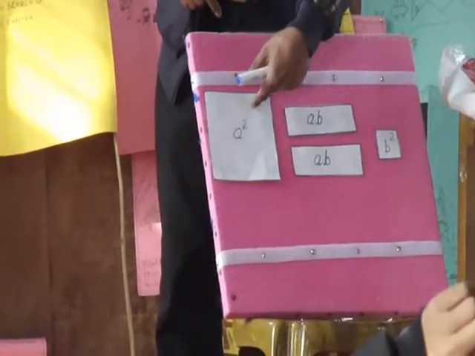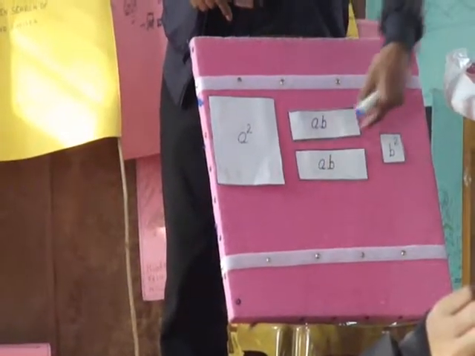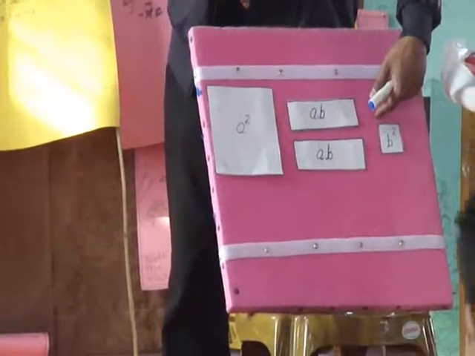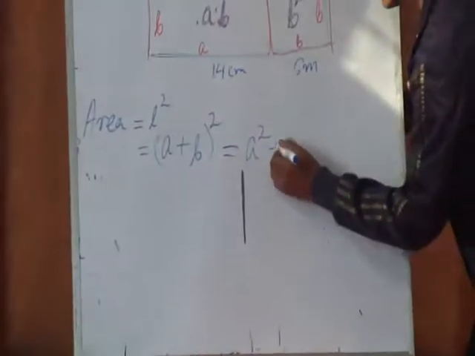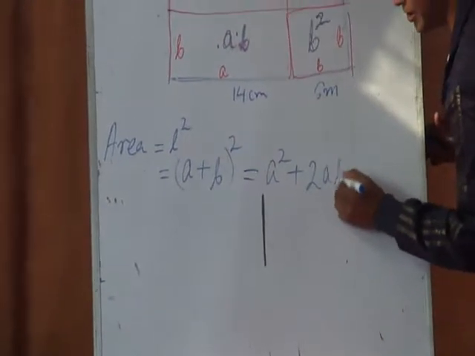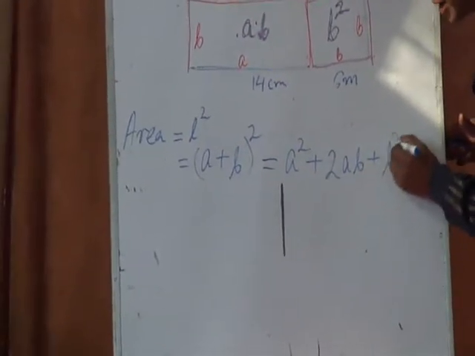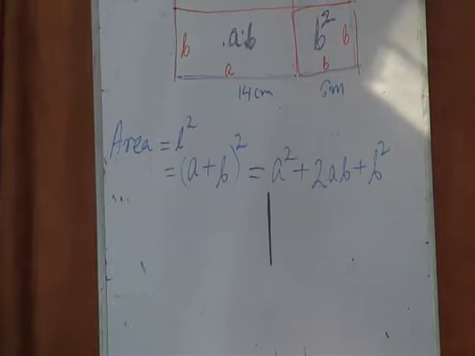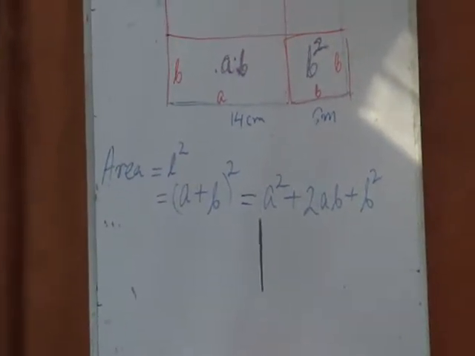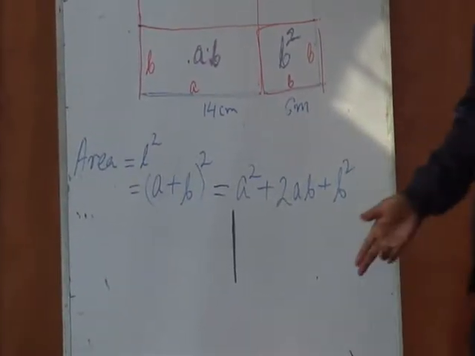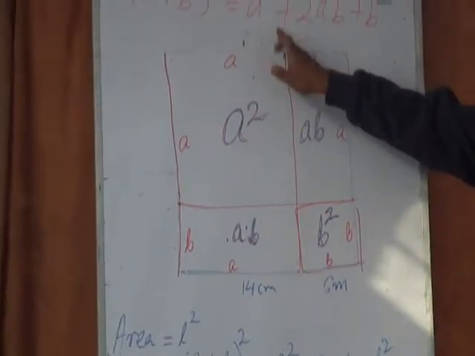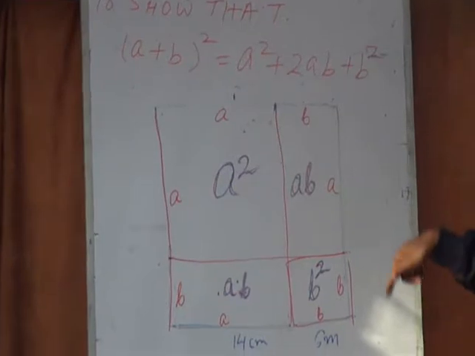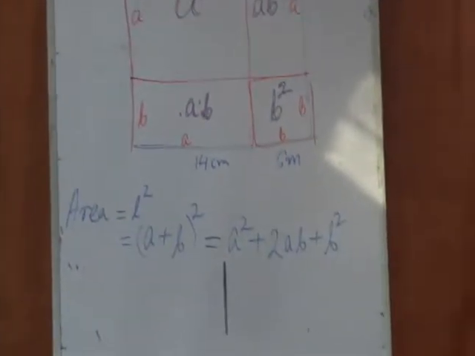So your whole (a + b) whole square is equal to a square plus 2ab plus b square. So now you can show that (a + b) whole square is equal to a square plus 2ab plus b square with the help of paper cutting activities.